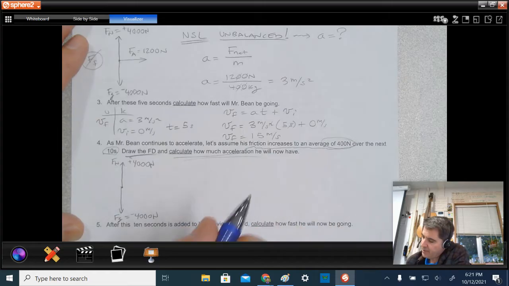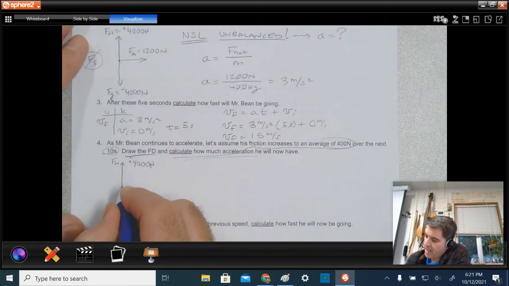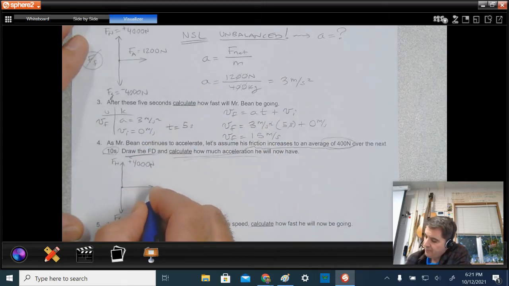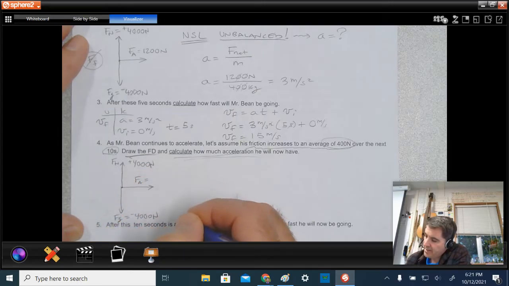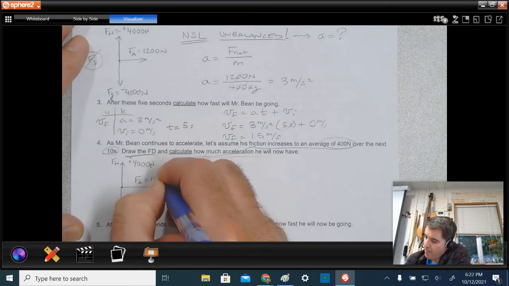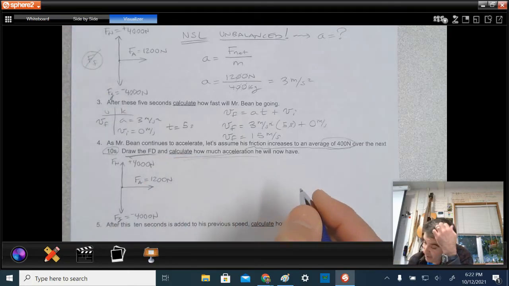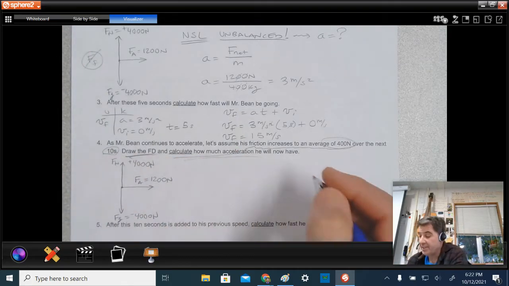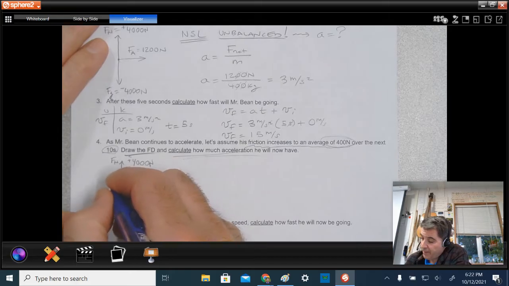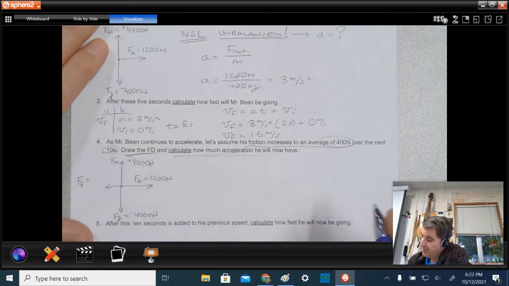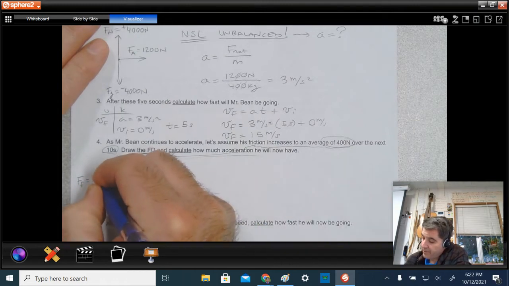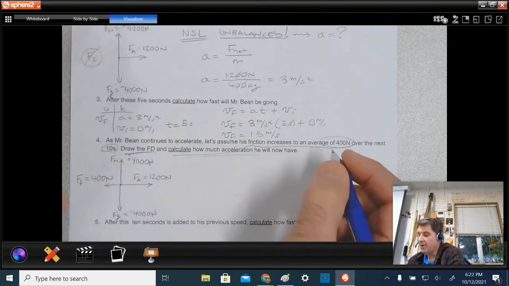And as he continues to accelerate, he's still going to keep his foot on, so the applied force of the engine is going to be 1,200 newtons. But now the force of friction has increased to Ff equals 400 newtons.